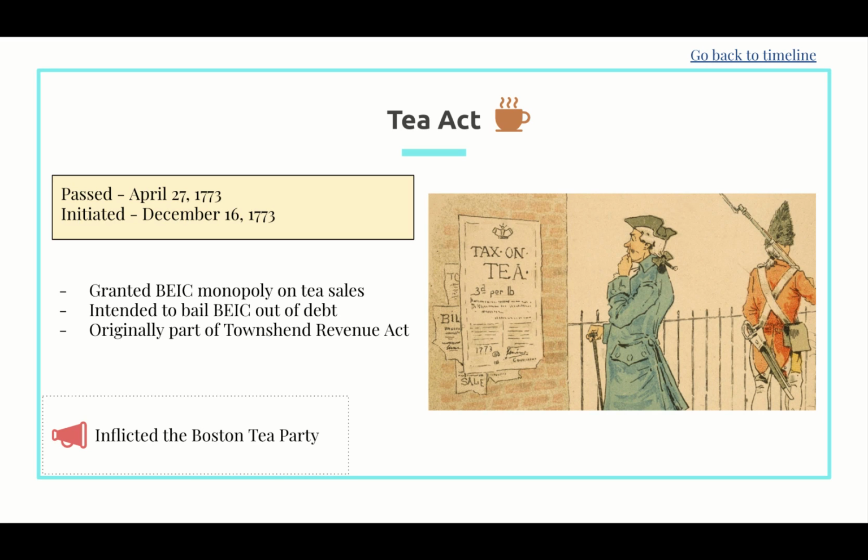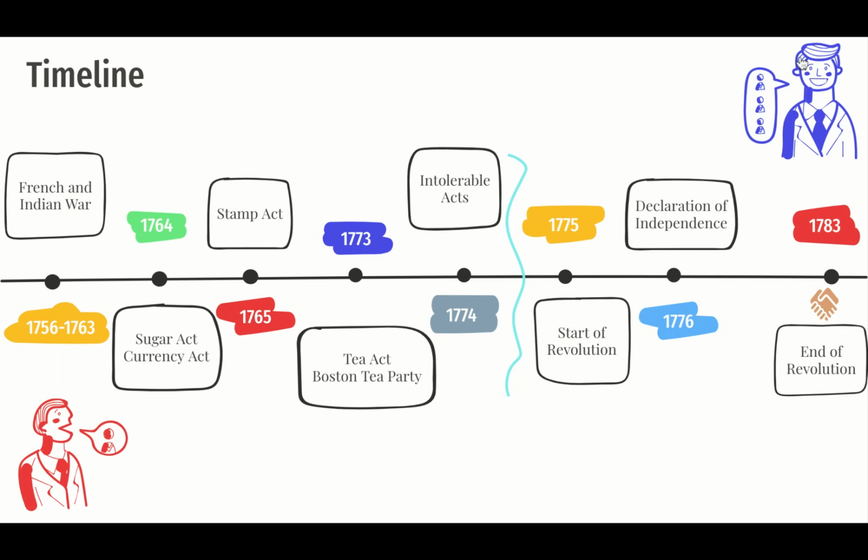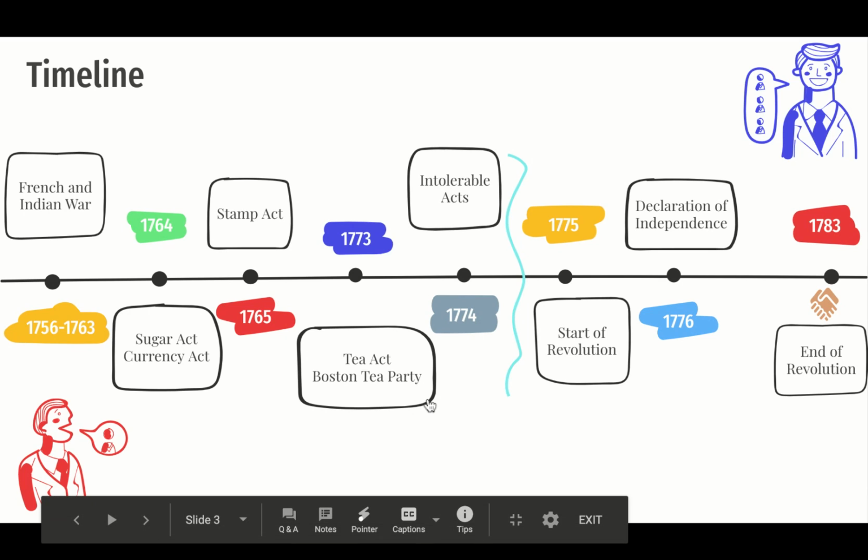It was intended to bail the British East India Company out of debt, and this granted the BEIC a monopoly on all tea sales and allowed them to export to America. Now they were able to sell over 17 million pounds of surplus tea, which before they were only able to sell at auctions in London. So this inflamed the Boston Tea Party, which is the next thing we'll be talking about.